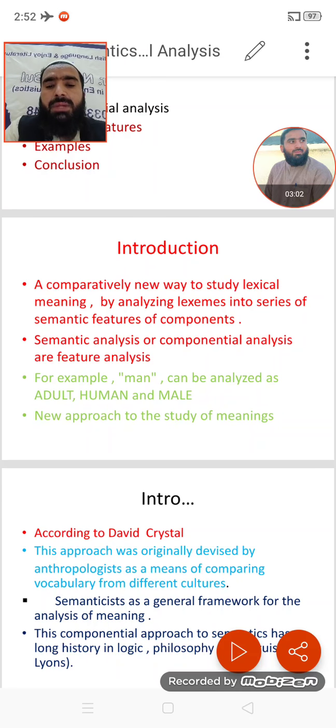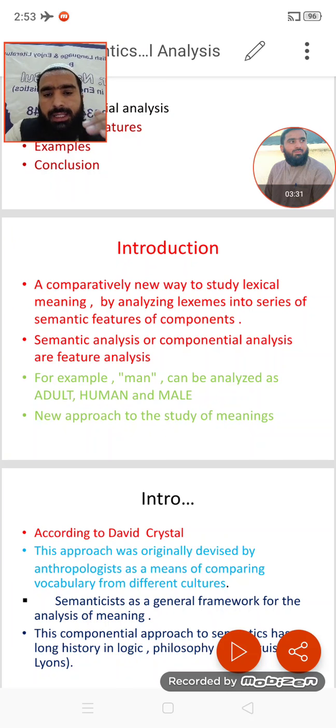Okay, componential analysis is also known as feature analysis. For example, the word man can be analyzed as adult, human and male.